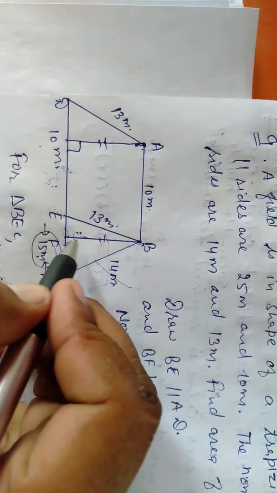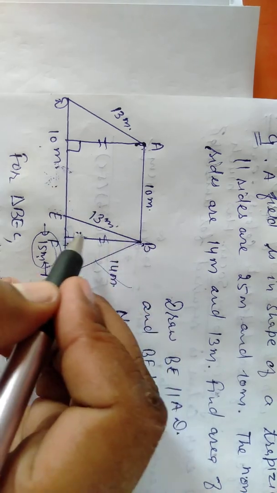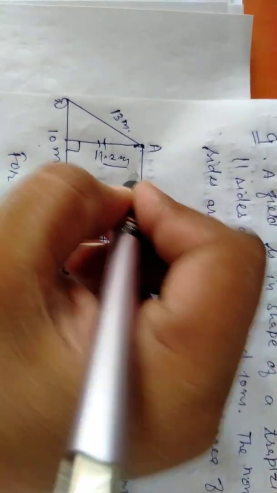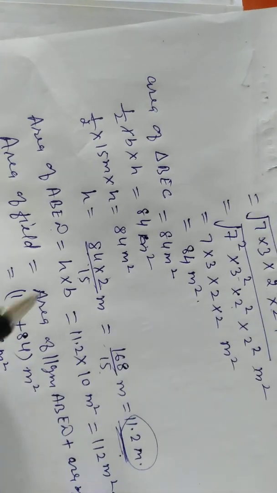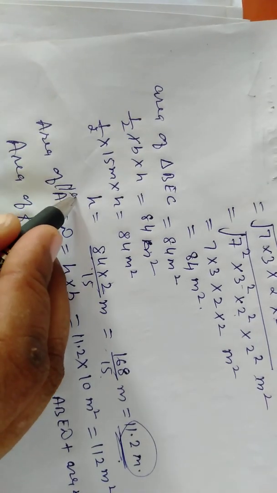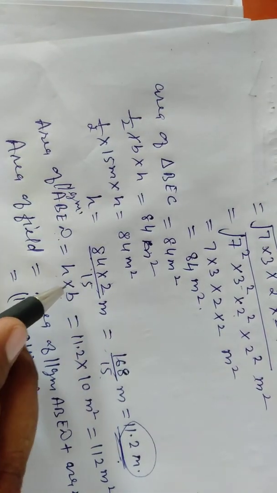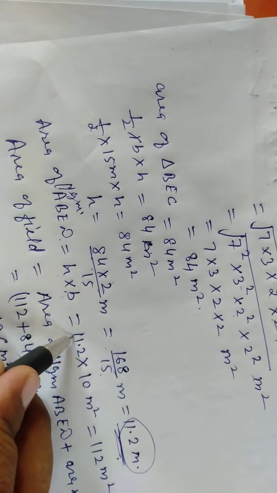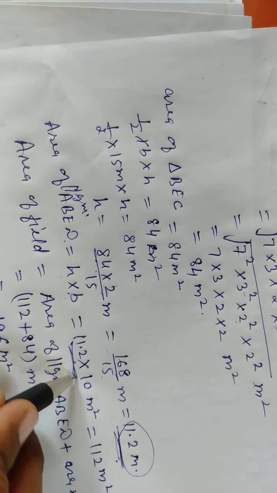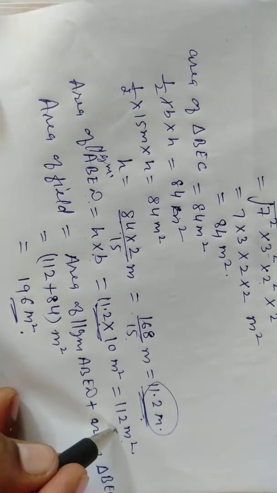This we got from the triangle, 11.2. This is also 11.2 now, right? So we just use the formula height into base. This is the area of the parallelogram ABED, height into base. The height we got is 11.2, the base was 10 meters. If you multiply these two, you will get 112 meters square, right?